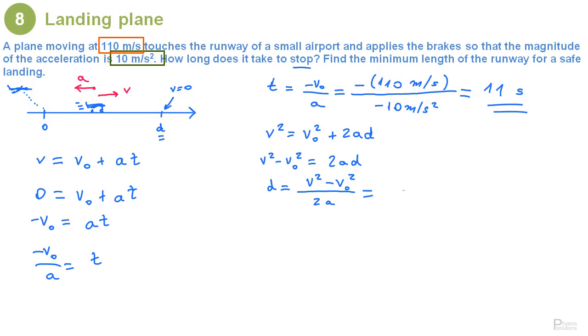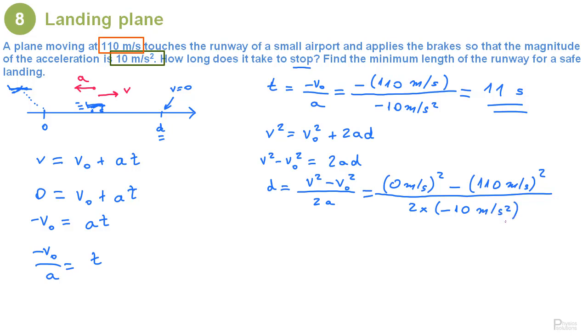And now we plug in numbers. v squared is 0, because the final velocity is 0, we want this to come to a stop. The initial velocity is 110 meters per second. Everything here is squared. And now we divide by 2 times the acceleration. And again, just as before, the acceleration has a minus in front. So this is minus 10 meters per second squared.